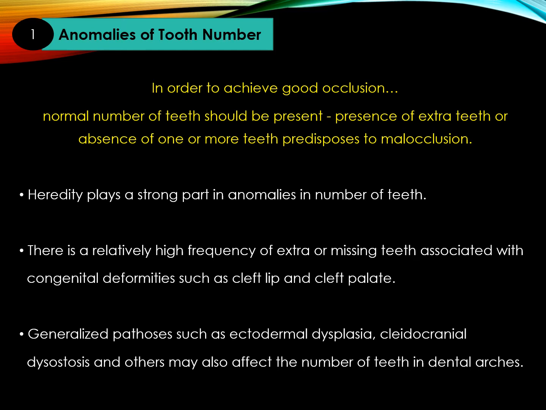As we've already understood in the previous lecture, heredity does play an important role in such anomalies of number of teeth, and also there is a relatively high frequency of the presence of either extra or missing teeth associated with congenital anomalies or deformities such as cleft lip and cleft palate, and also the presence of generalized pathosis such as ectodermal dysplasia, cleidocranial dysostosis, and many other deformity states do affect the number of teeth in either of the dental arches.